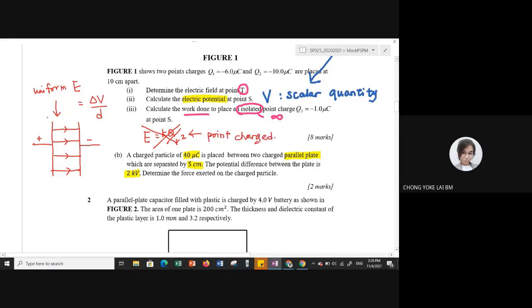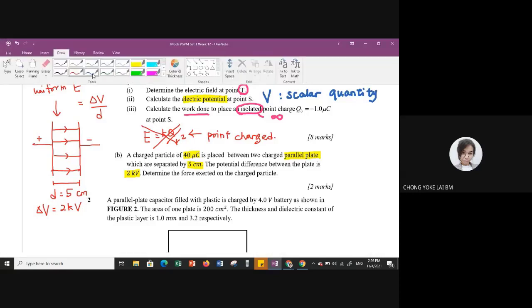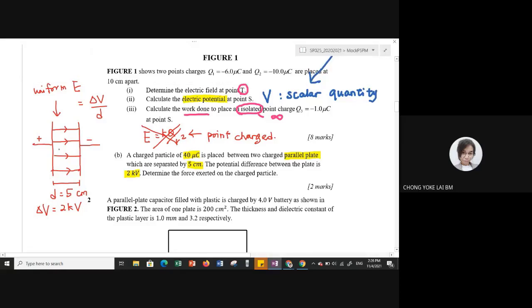Okay? So, we have a parallel plate separate by a distance. So, the distance is 5 centimeter. The potential difference between them, delta V is 2 kilovolt. So, I put a charge inside. Charge tu charge positif lah sebab 40 microcoulomb.